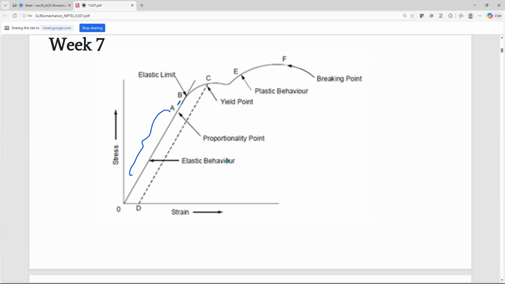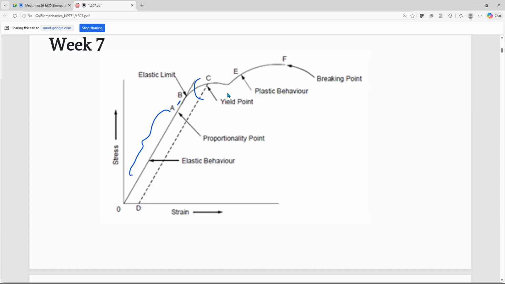So this is the simple stress strain curve for an example material. If it is a ductile material, you will get one particular stress strain curve. If it is a brittle material, you won't be seeing these limits, it will break.